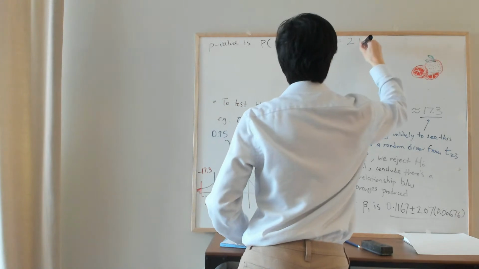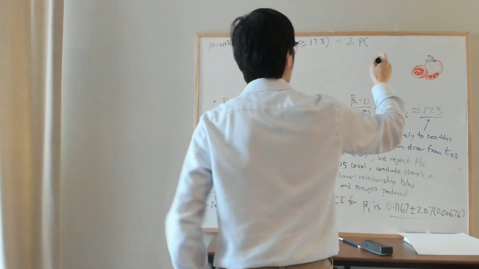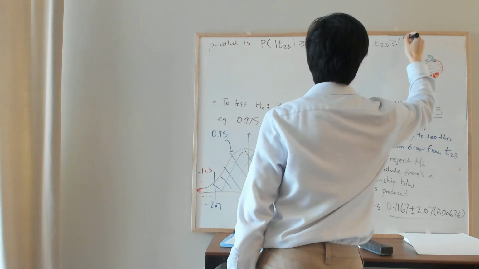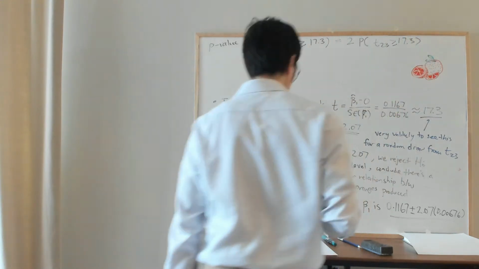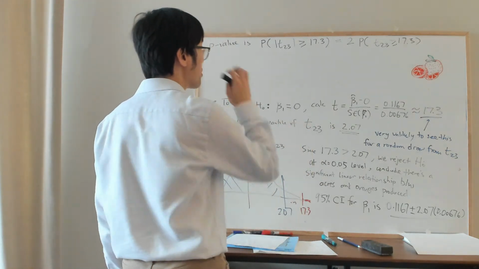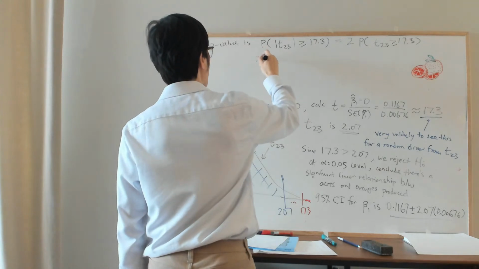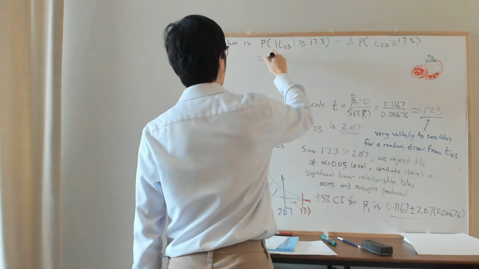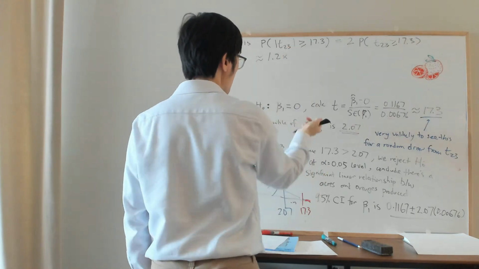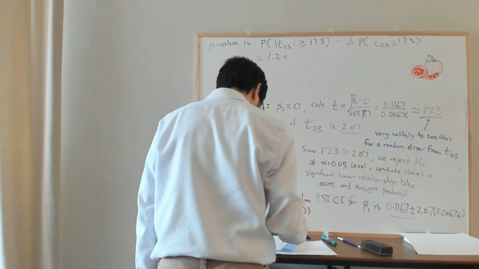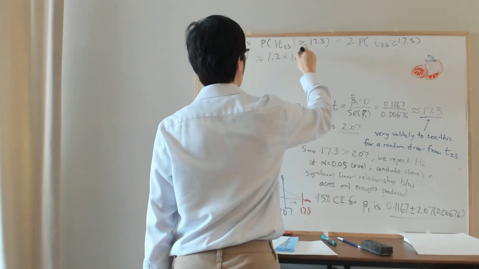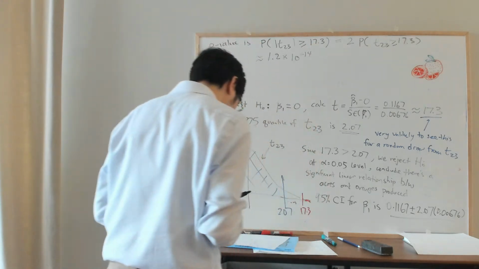So I'm going to write it as 2 times the probability that t with 23 degrees of freedom is greater than or equal to 17.3. As I'll show you in a moment, you can do this in R and get a very, very small p-value. So it is very unlikely to see that if there was no significant relationship between x and y. The p-value is 1.2 times 10 to the minus 14.